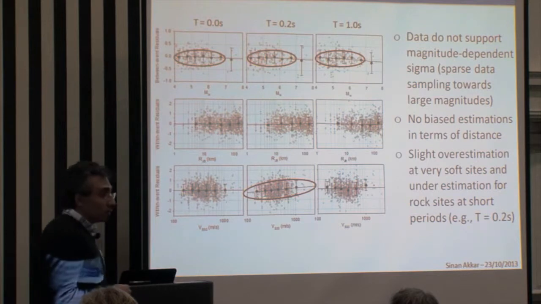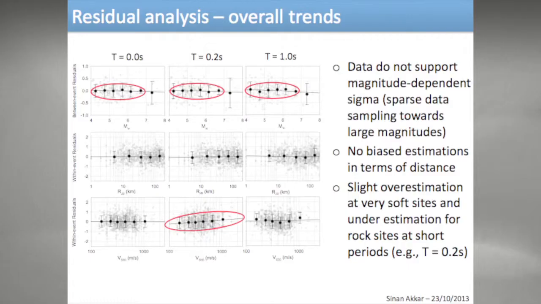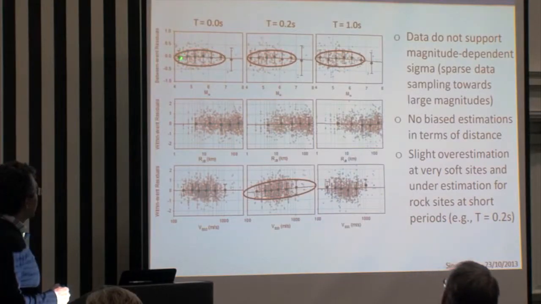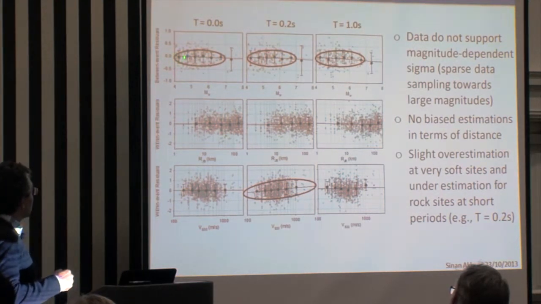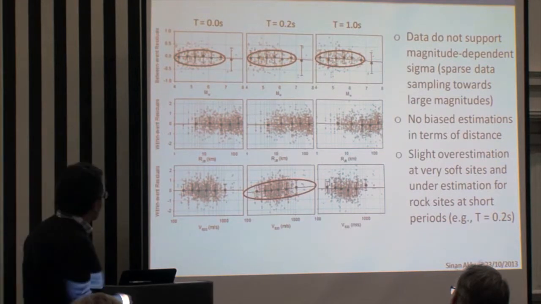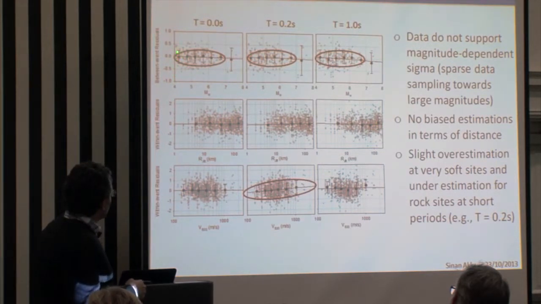Now, as I told you in the beginning of my presentation, the large magnitude events in our database are missing. A brief explanation here: we divided the residuals into different magnitude and distance bins, and we have 30 bins. Each dot here shows the average of each bin, and this is the standard deviation above the average.